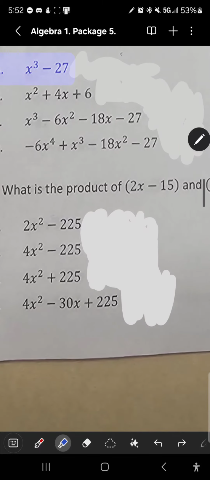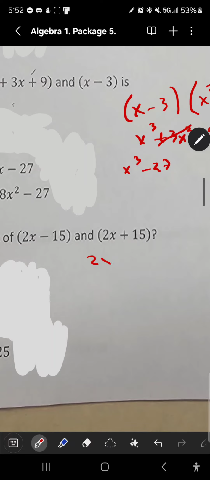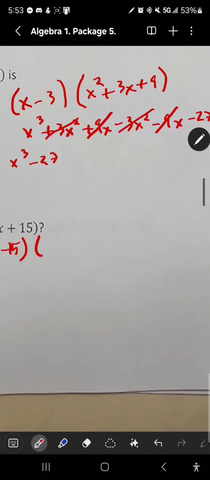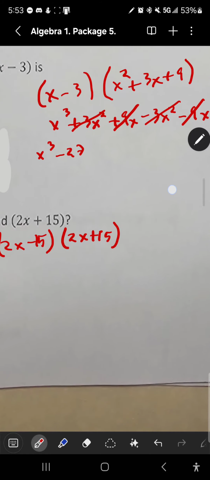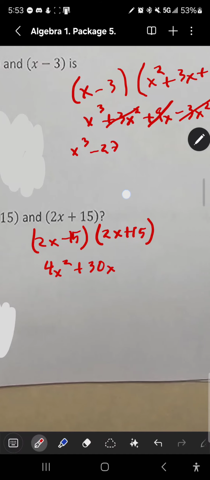Now let's see this last one. So the product of 2x minus 15 times 2x plus 15. So 2x times 2x is equal to 4x squared. 2x times 15 is 30x.